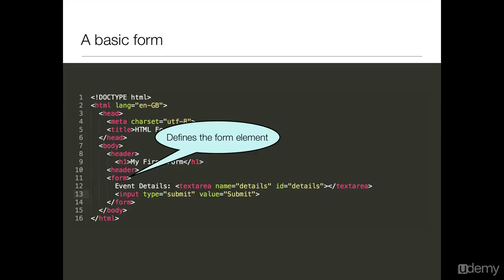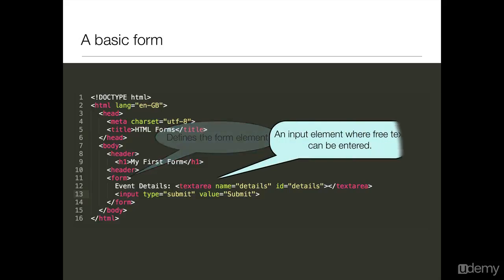So here in fact are two input types. A text area where free text can be entered into it. You'll notice that this particular input element is defined in the usual way, an element in itself, and what I could do is insert in here some text which is editable.